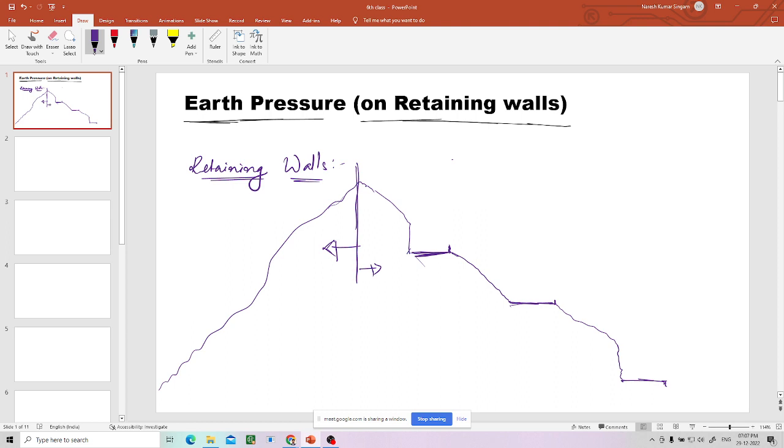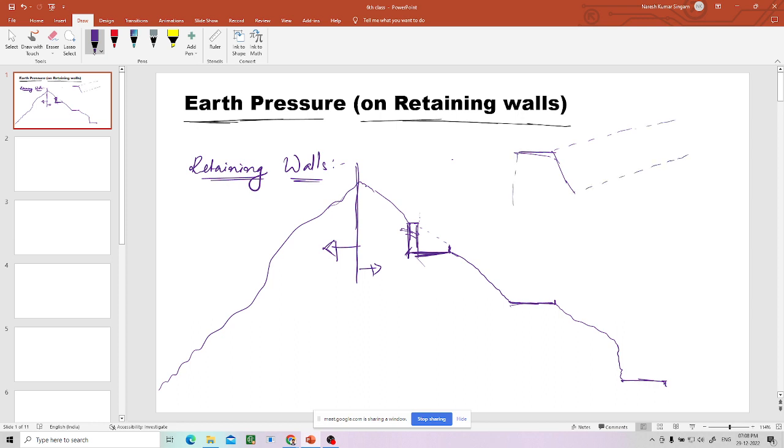So the left side is the original hill, and the right side is the hill after making the roads. Now, when you are cutting this soil to make one horizontal road, after cutting, it will fall, right? To avoid that fall, you need to construct a vertical wall throughout. Suppose there is an embankment.